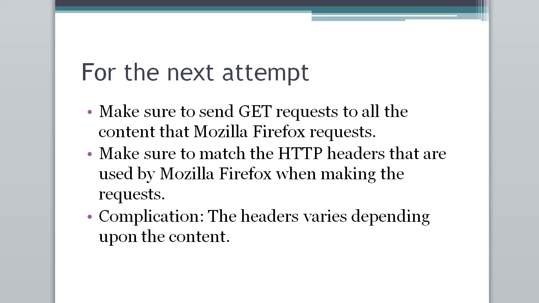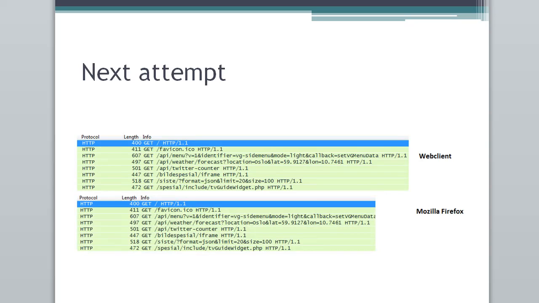After a bit of work, I was able to figure out all these problems and was successful in adding all the headers so that they would match Mozilla Firefox's headers. As you can see in this picture, they perform exactly the same requests.